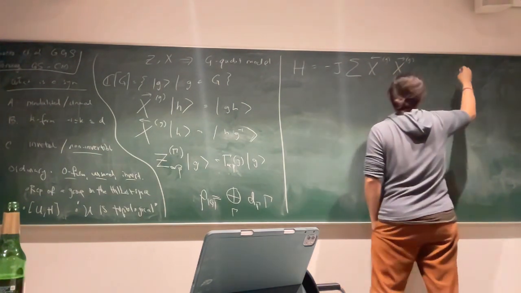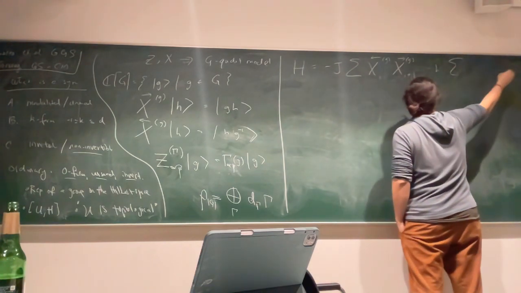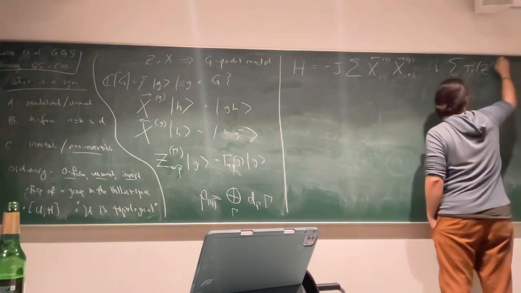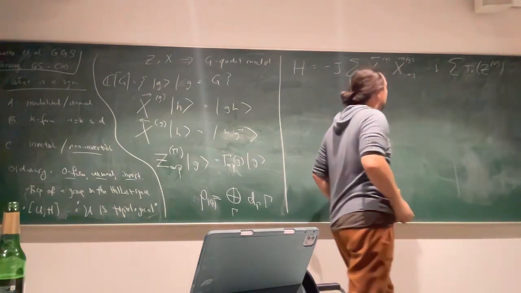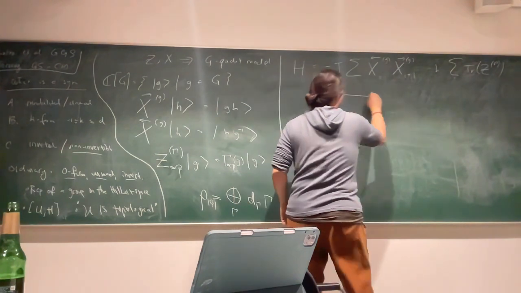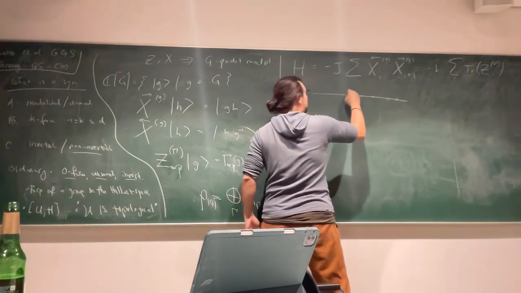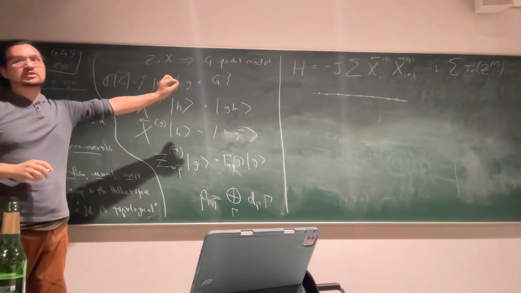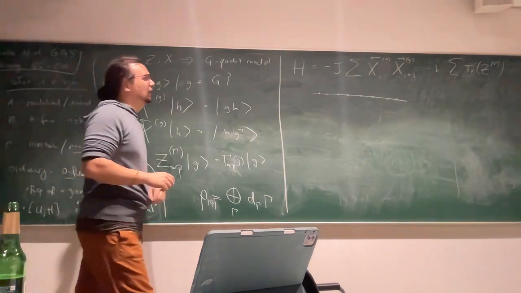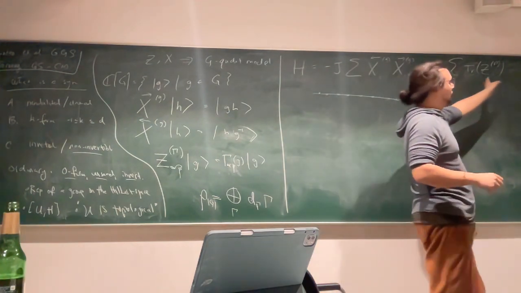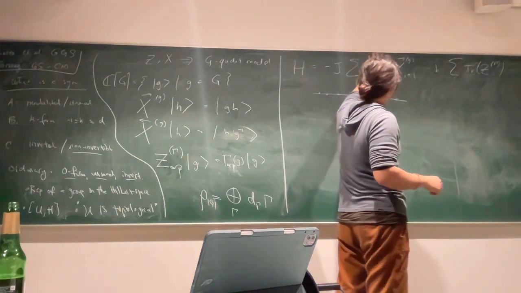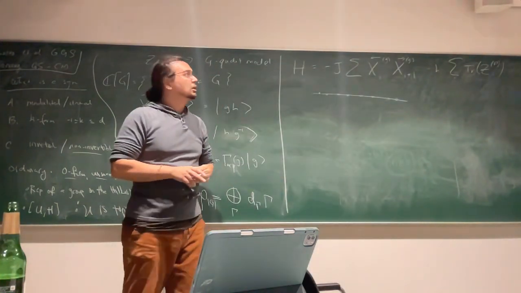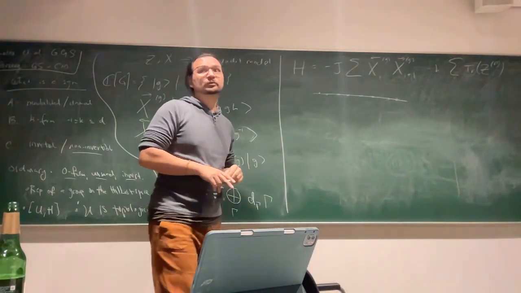So this is a 1-dimensional chain, sum over I, plus trace of z gamma on site I. So I have a 1D chain now, where each site of my chain is one of these little G qubits. So I have this regular representation of my group at every site, and they're all tied together in this way. So far I wrote all of the Hamiltonians as zz plus x, but this one I'm writing as xx plus z.